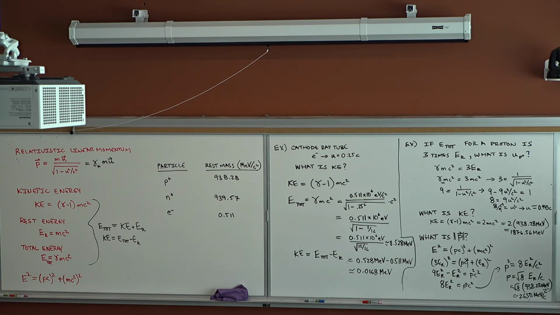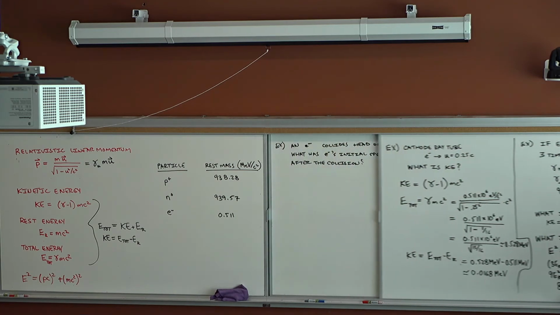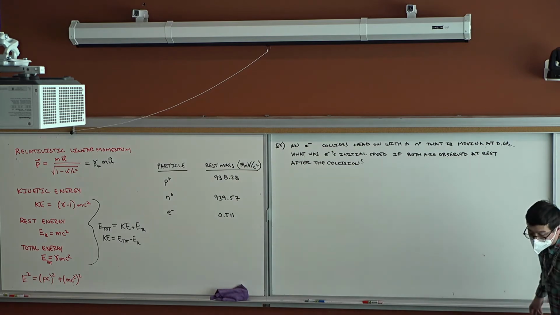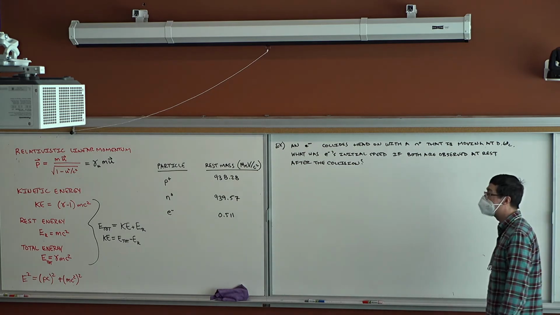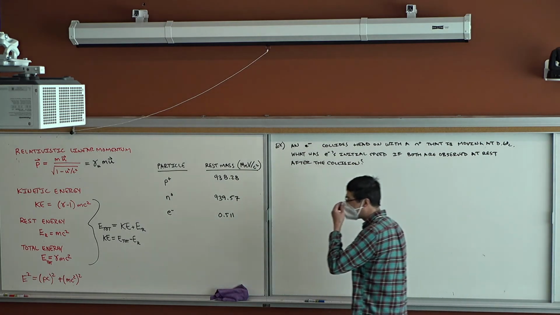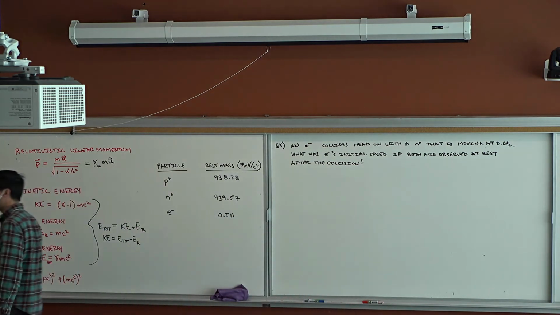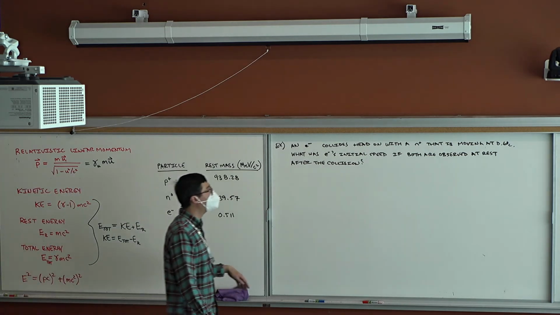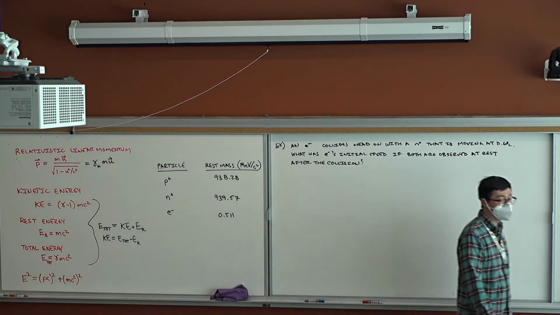Fantastic. Okay, so speaking of momentum, if you have missed the days since Physics 130 when you did conservation of momentum problems, well, you're in luck, because we're still doing conservation of momentum problems.